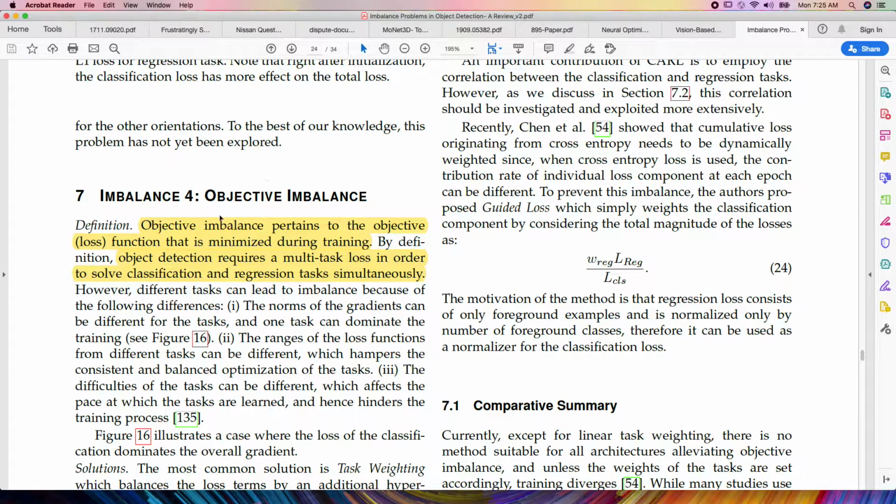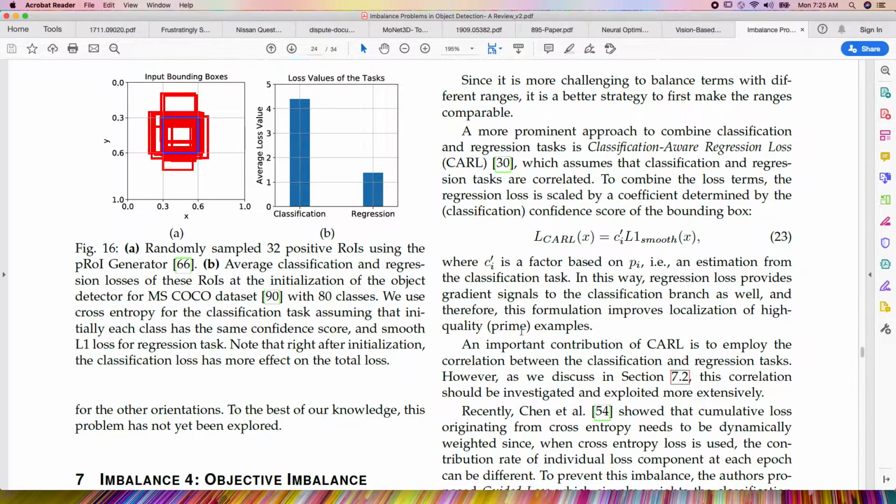The objective imbalance pertains to the loss function. We mentioned this before, that object detection is a multi-task loss, so to solve the two problems simultaneously.